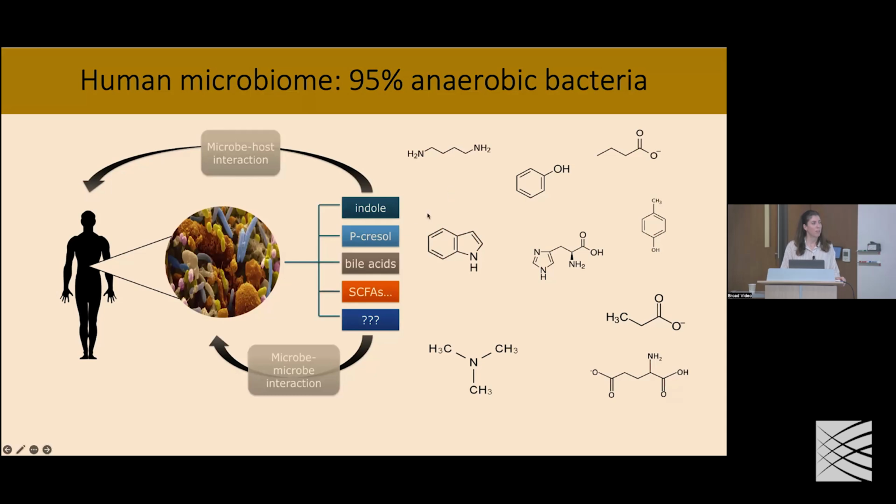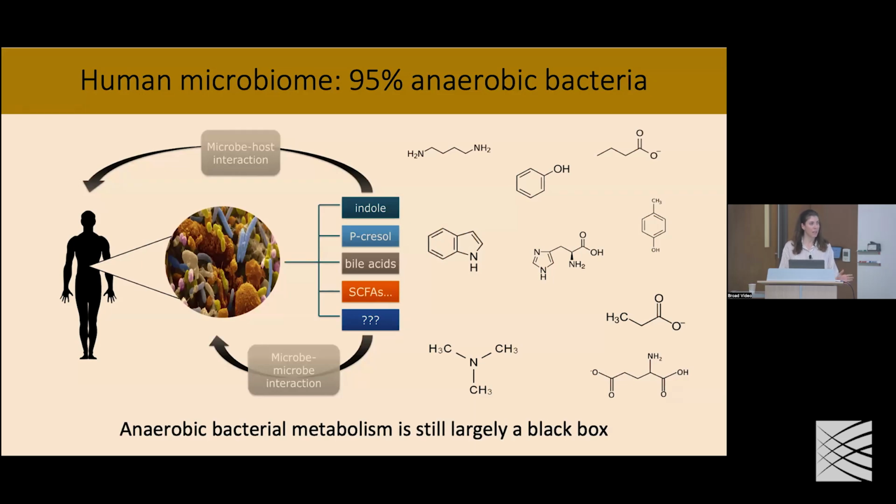And we have other examples like p-cresol, bile acids that can help digest lipid metabolites, and short-chain fatty acids that are well known also for having beneficial effects for the gut by helping tighten the cell junctions and promoting the immune system.